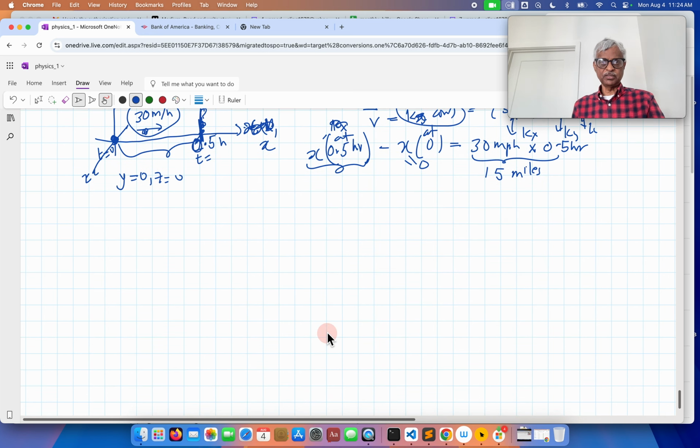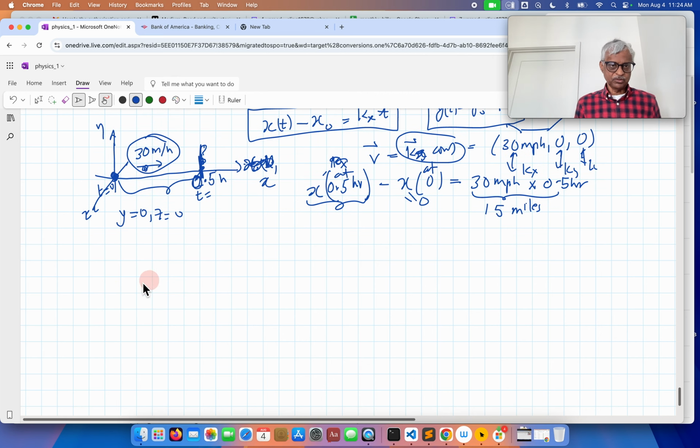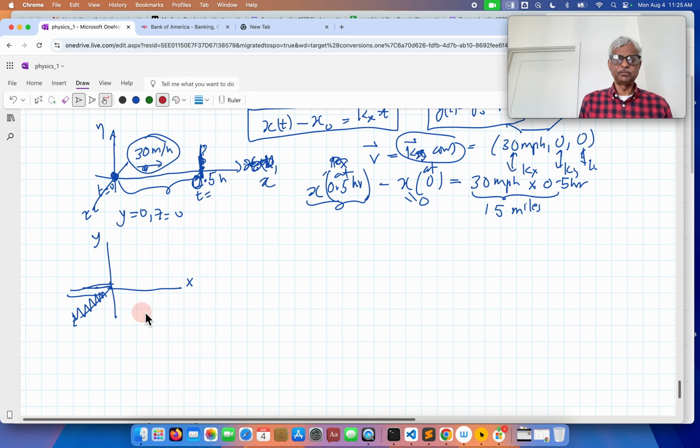Okay, so this is constant velocity. Constant velocity is very simple. Let's look at another example. Let's see, z is 0, so we're just in the xy plane. This is not gravity, because this is outer space.